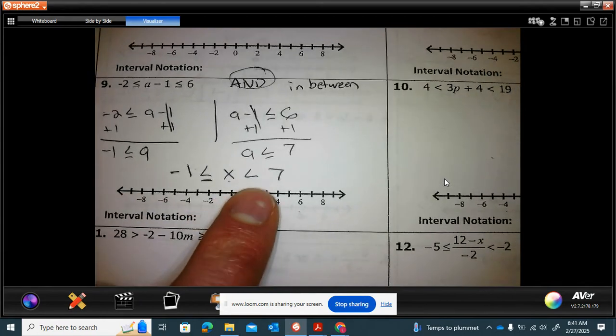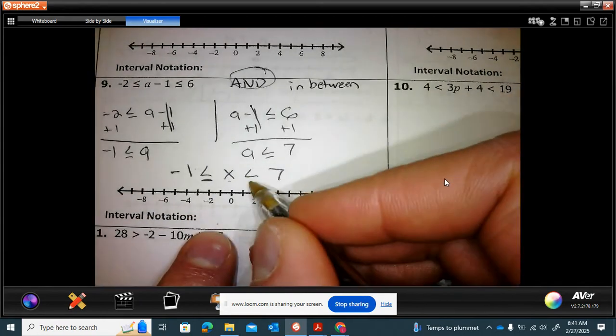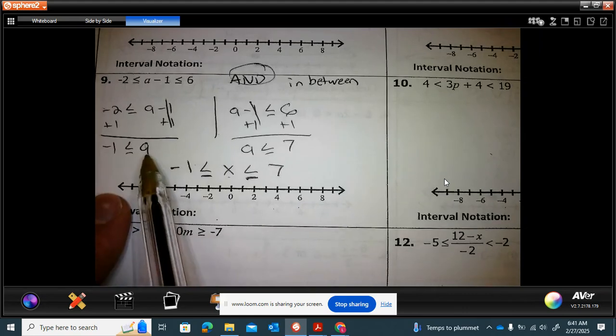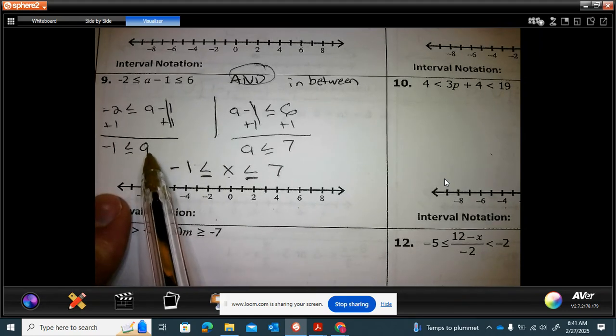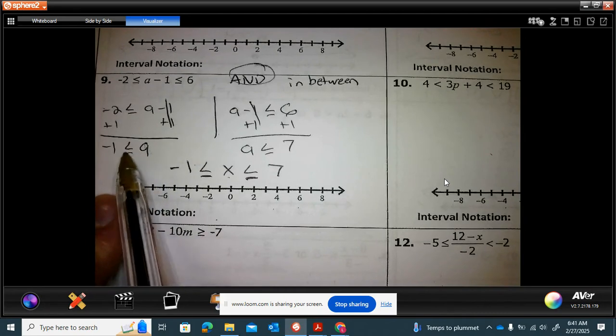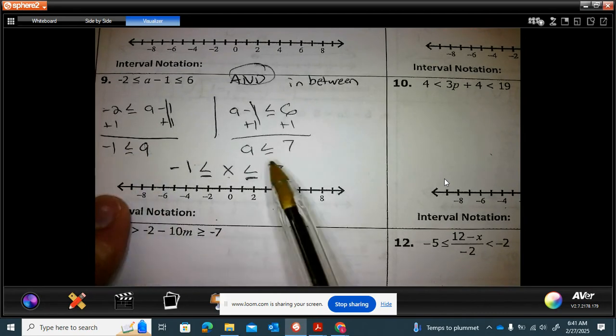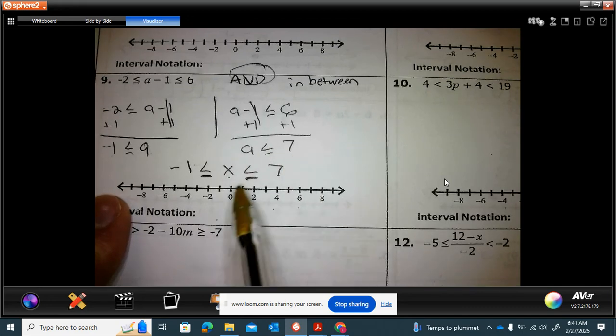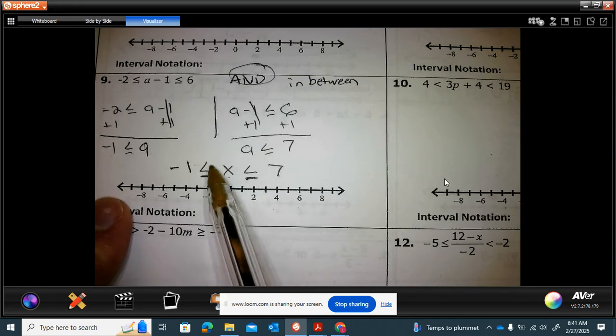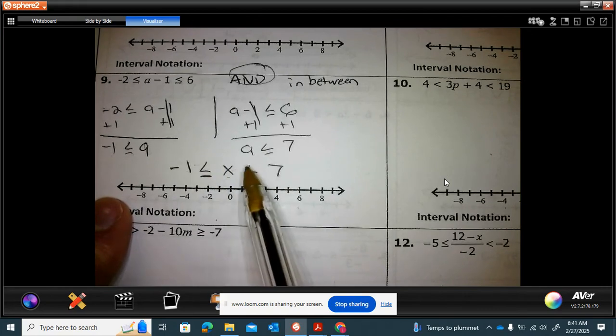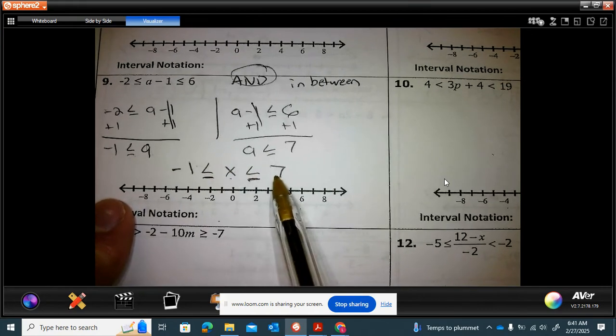But then also at 7, you have a line underneath. So if you read it with the a first, this is the same thing as saying a is greater than or equal to -1. Then this is the same thing as saying a is less than or equal to 7. So a is greater than or equal to -1, and a is less than or equal to 7.